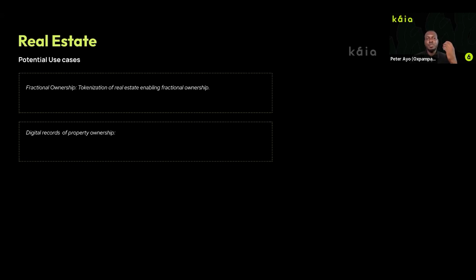You can easily confirm that, because it uses addresses that have a private key under the hood. You can easily track the owner of a particular land, because the account initiated the transaction or added the property on the blockchain. So you can easily track digital records of property ownership.